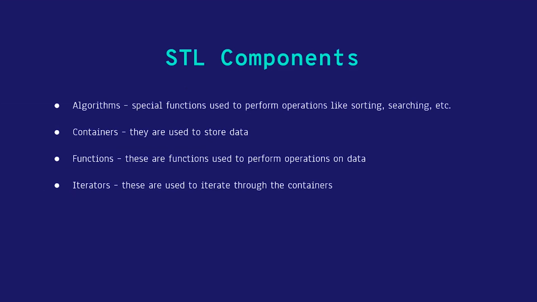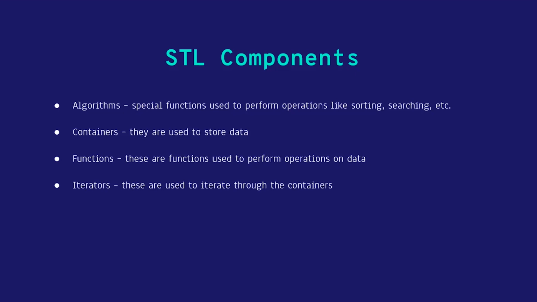For example, a list is a container. And for an example of an algorithm, if you are performing a search operation on a list, the STL library uses the best searching algorithm and finds the element you're searching for.